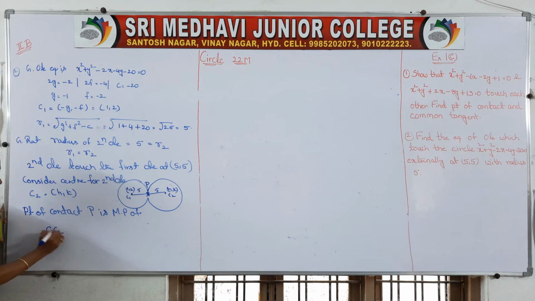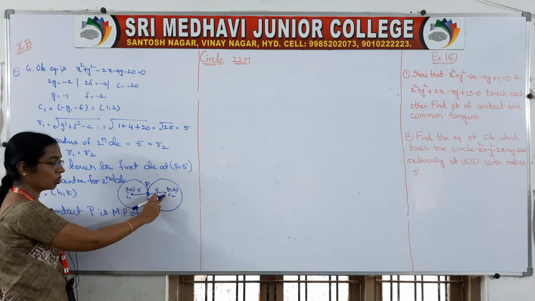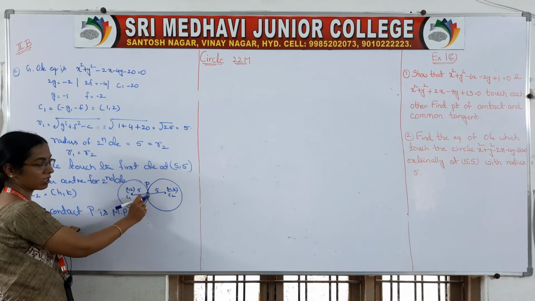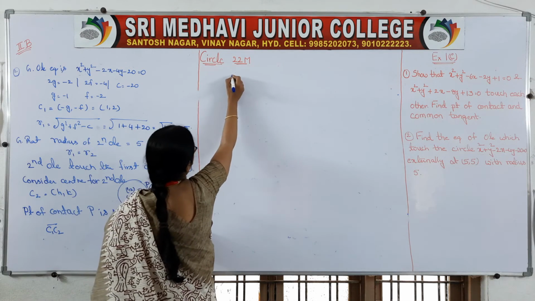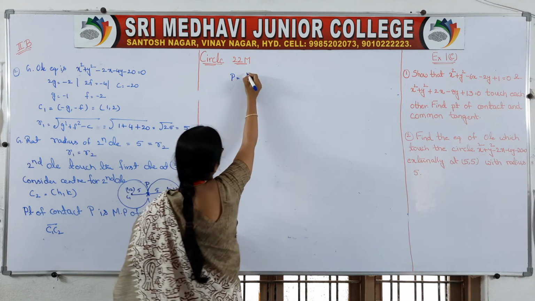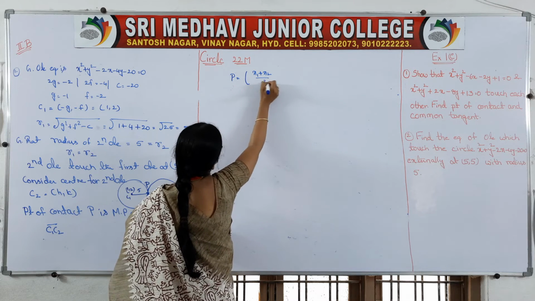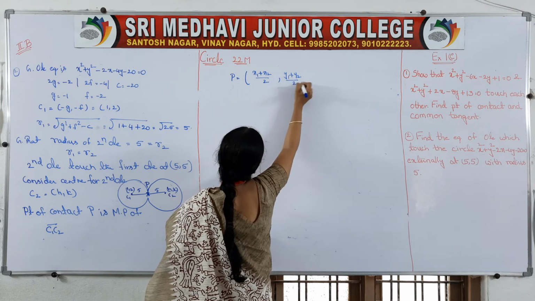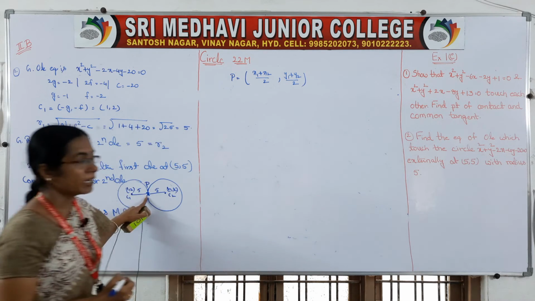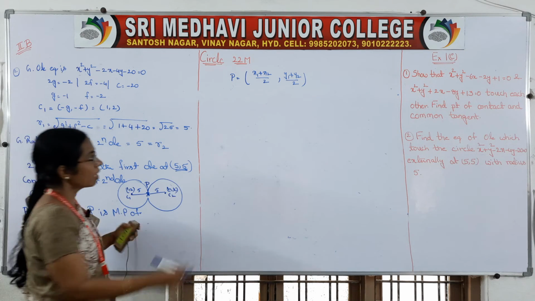C1, C2. Midpoint of the line C1, C2. This is C1, C2. Okay. So, this point is exactly the middle point. So, you take that concept, right. So, P is equal to, what is the formula for midpoint? ((x1 plus x2) by 2, (y1 plus y2) by 2). So, the external point is given to us, right. They touch externally at (5, 5).